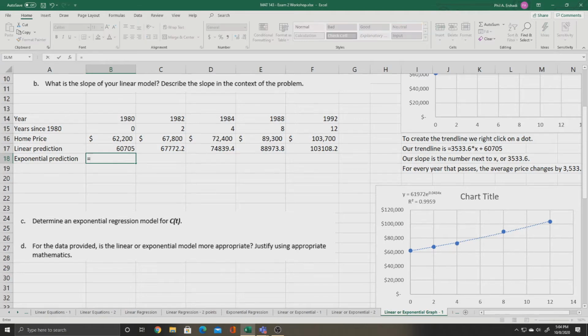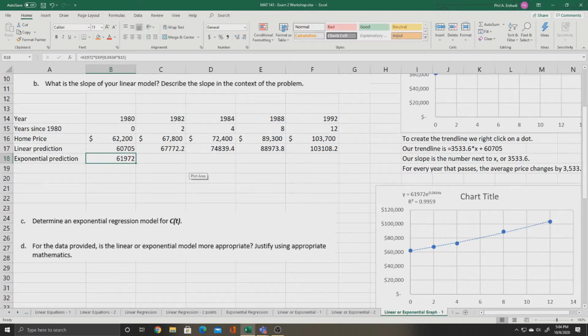So we'll say equals 61972 multiply by exp of 0.0434 times the x value. Once again, don't use 1980, use the years since 1980.